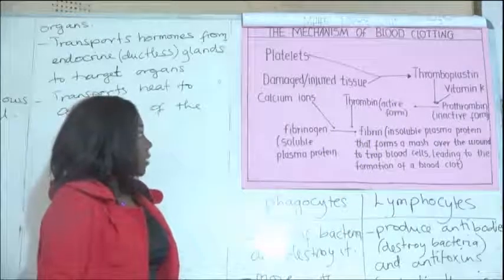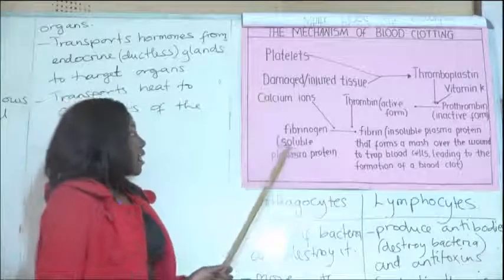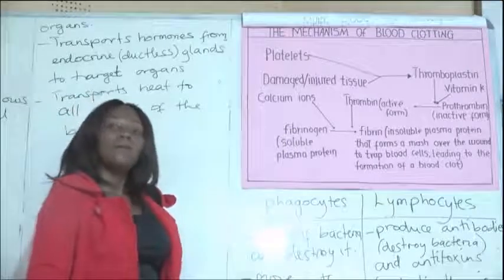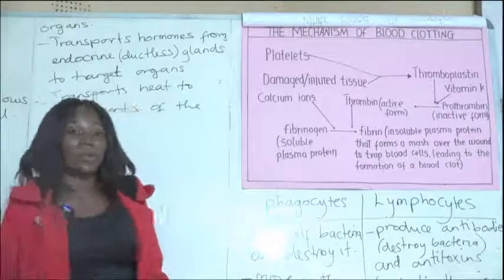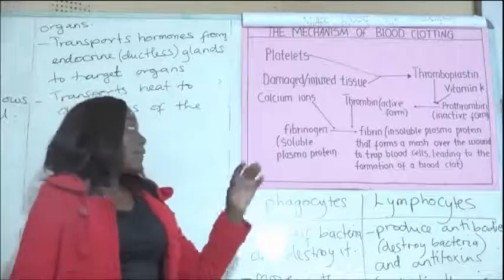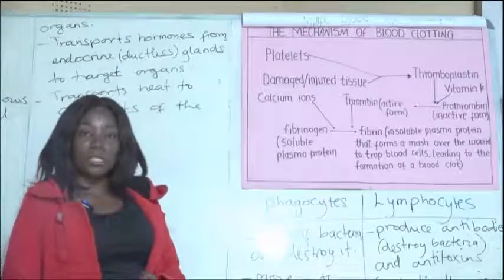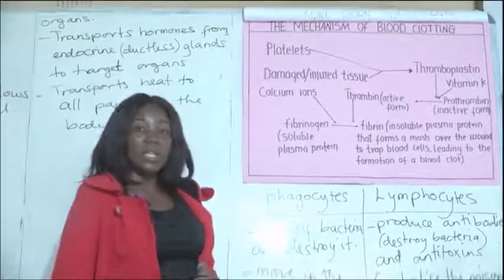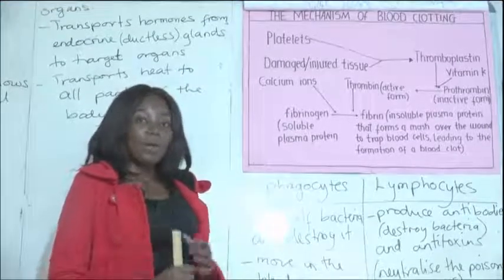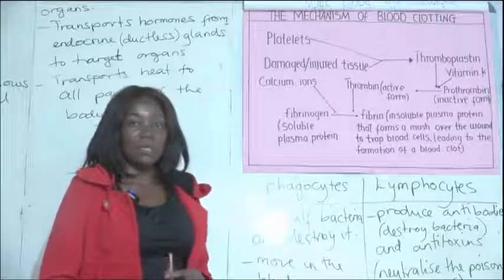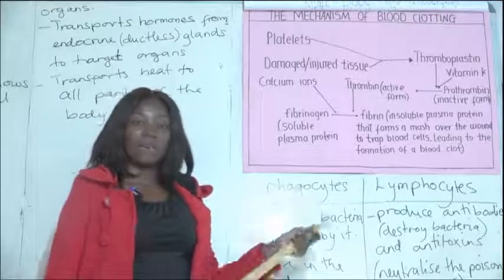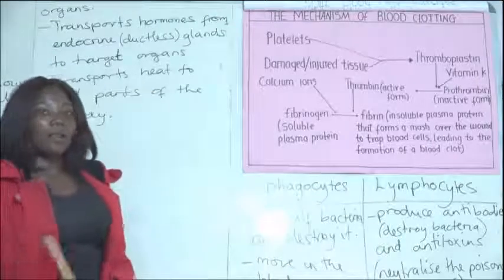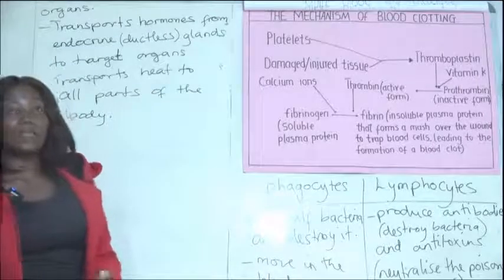This thrombin also, in the presence of calcium ions, catalyzes the breakdown of fibrinogen, a soluble plasma protein, into fibrin, which is an insoluble plasma protein. This insoluble protein will form a network of fibers over a wound called a mesh. This mesh will trap red blood cells and thereby cause a blood clot. The mesh will later form into a scab which will dry and fall off and cause a scar. That is the mechanism of blood clotting.